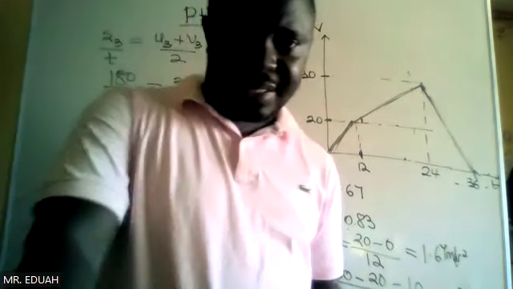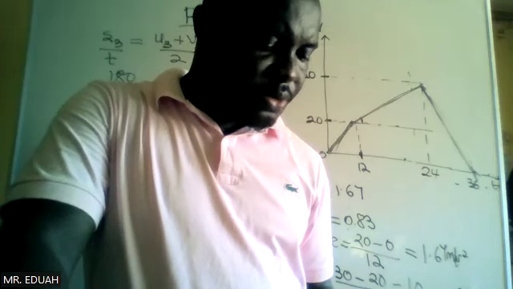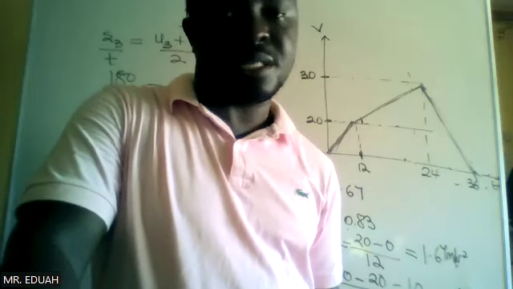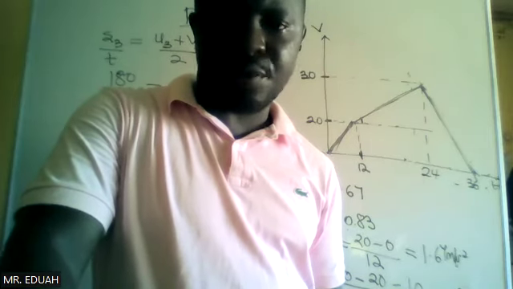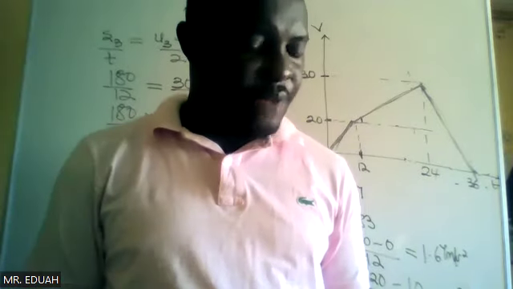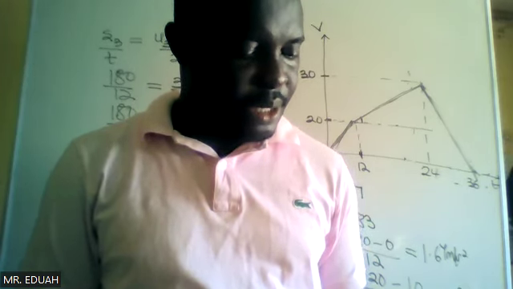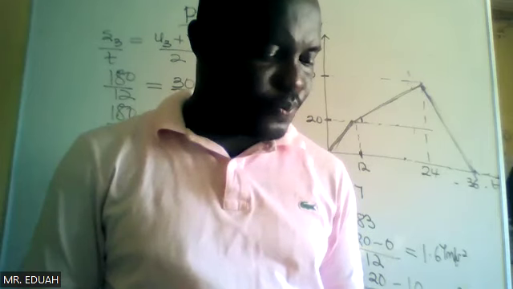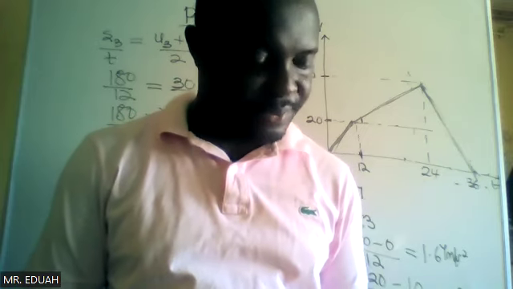A body at rest is given an initial uniform acceleration of 8.0 meter per second squared for 30 seconds, after which the acceleration is reduced to 5.0 meter per second squared for the next 20 seconds.